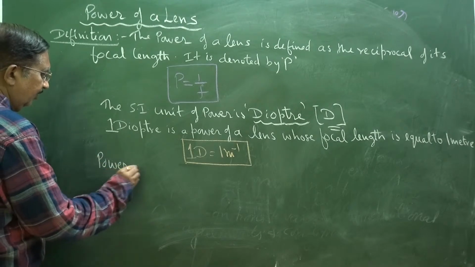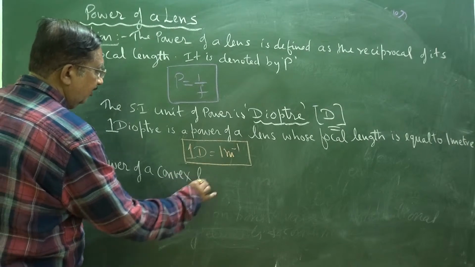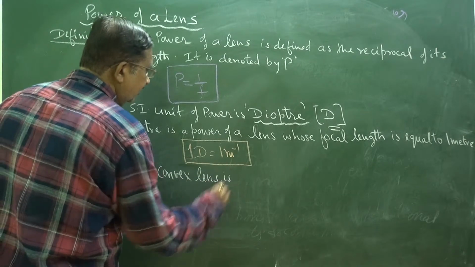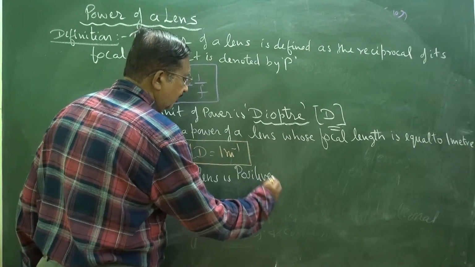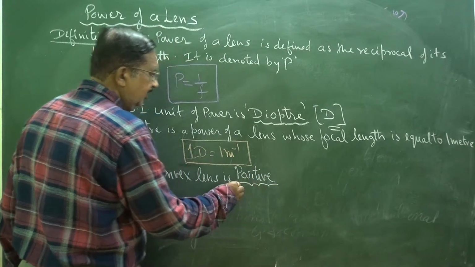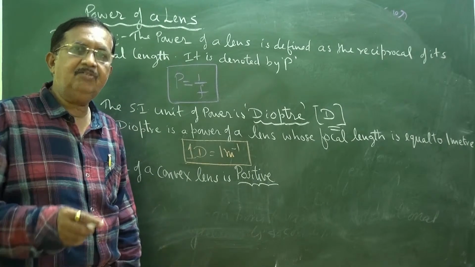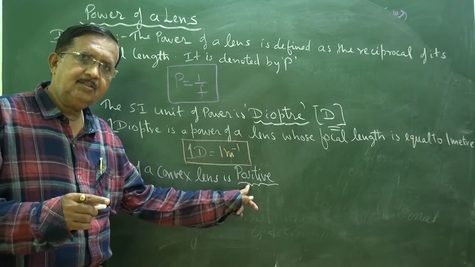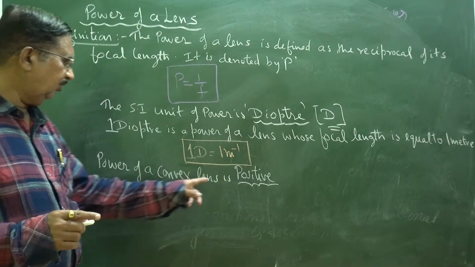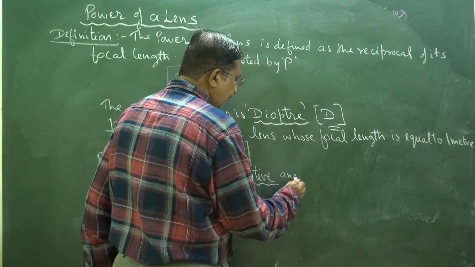The power of a convex lens is positive. If a plus sign comes, you must think it is a convex lens. Which type of lens is used, you will ask. If positive, plus comes, it is positive.